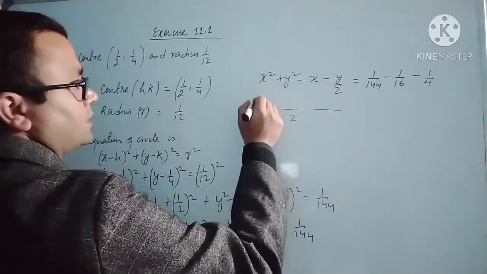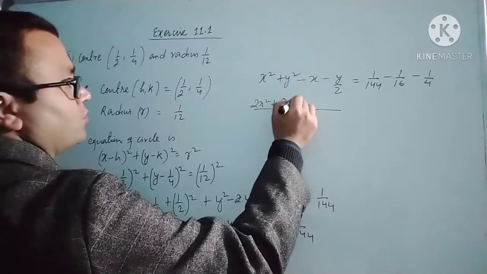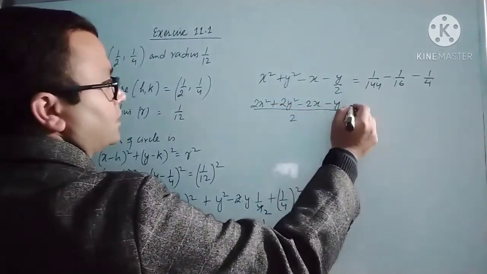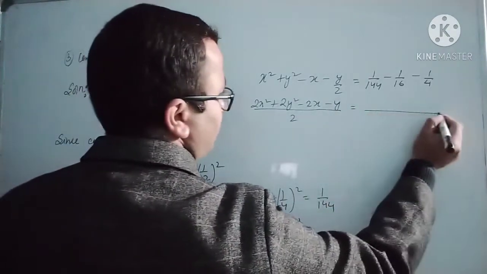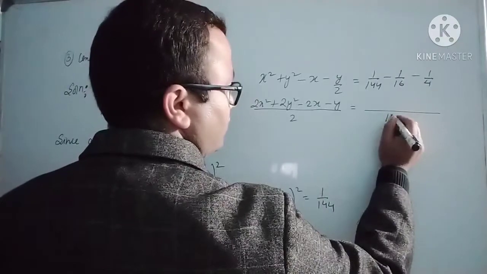2 into x² is 2x² plus 2y² minus 2x minus y equals, now take LCM of 144, 16 and 4, which is 144.